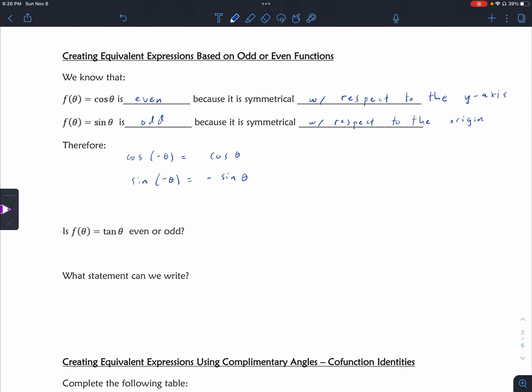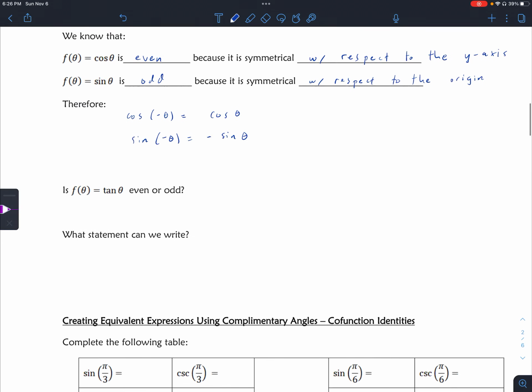So is tangent theta even or odd? How do we figure this out? As long as you remember that tangent theta equals sine theta over cosine theta, I'll just write this as f of theta.